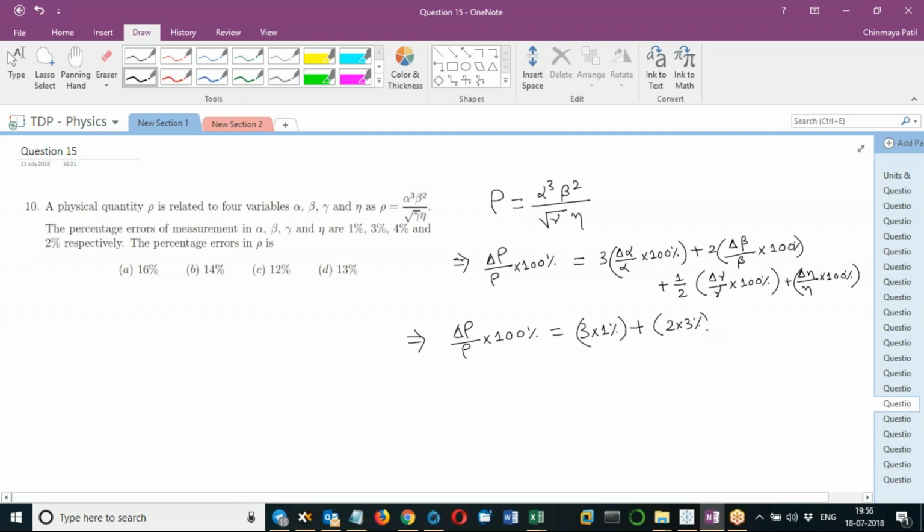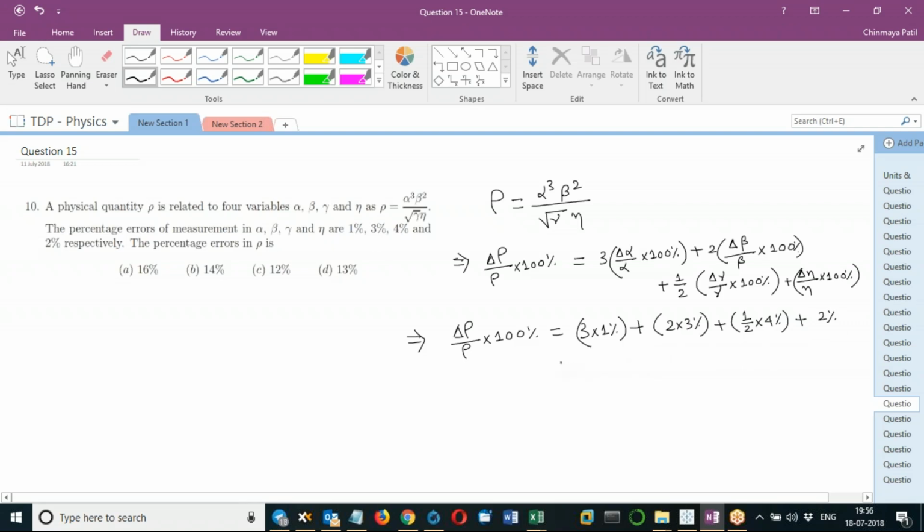Because according to the question, the percentage error of beta is 3%. Plus 1 by 2 into 4%, as the percentage error of gamma is 4%. Plus the percentage error of eta is just 2% as it is. There is nothing multiplied with it.